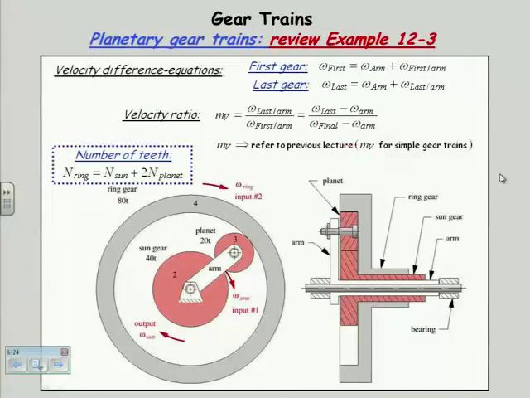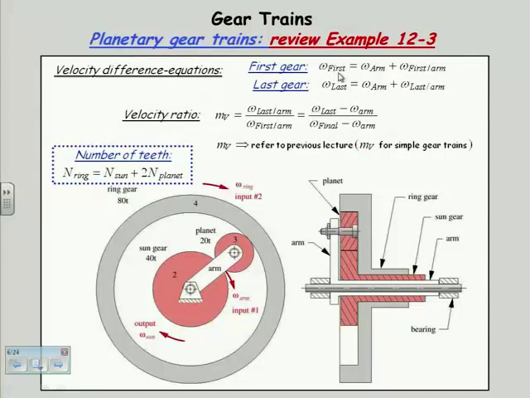In kinematics, I went through a whole long process to show you how to solve these equations with a tabular method because it showed you the steps of what was happening. I'm not bothering to show that here. There's also a straightforward equation method to do it, and it uses the so-called velocity difference equations.